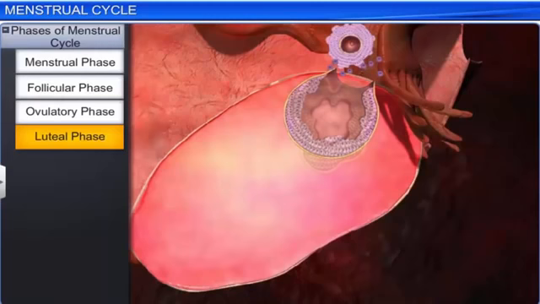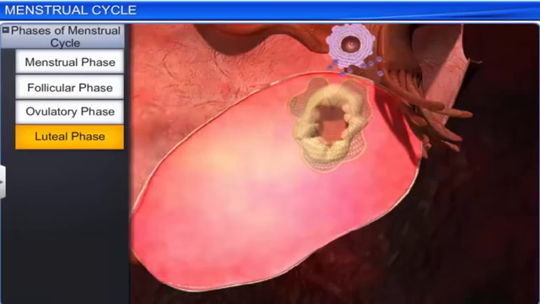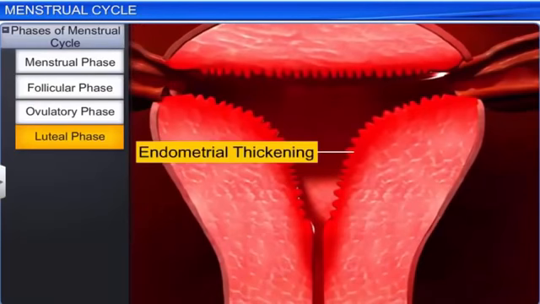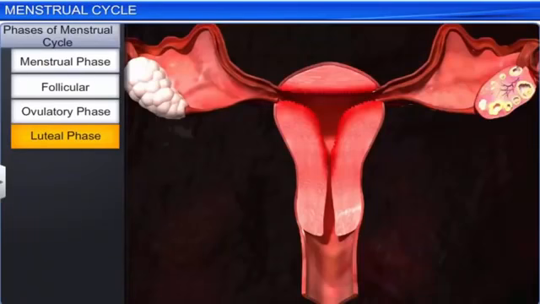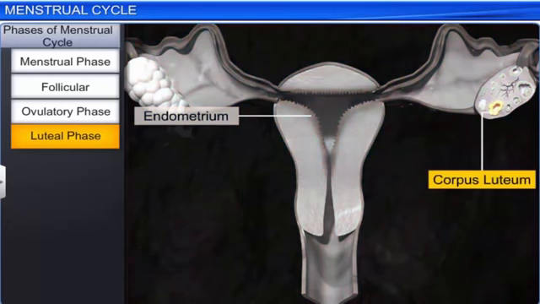This phase sees the transformation of the remaining Graafian follicle into a yellow mass called the corpus luteum. The endometrium too thickens, and its blood vessels become coiled and enlarged. Interestingly, the endometrium and corpus luteum play a vital role during the early stages of conception.